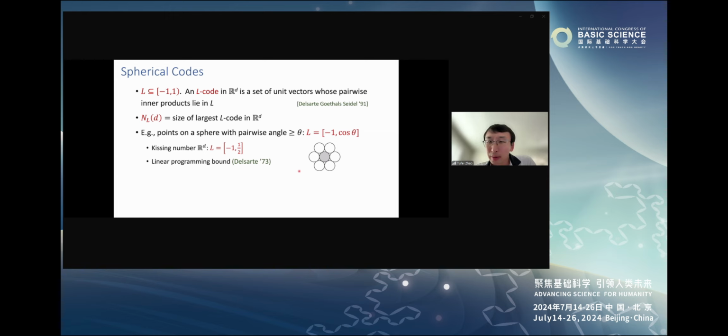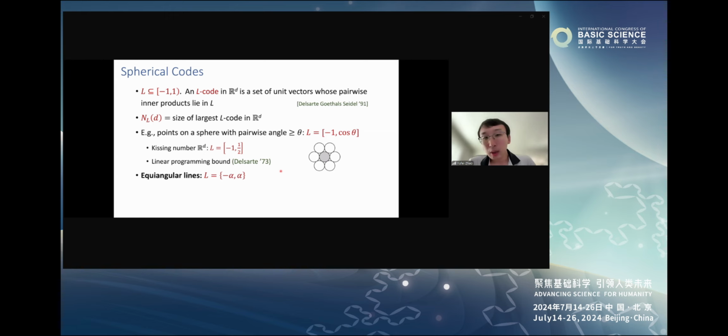And the classical method that has been very effective in high dimensions for this class of problems is the linear programming bound pioneered by Delsarte in the 70s. And a lot of the breakthroughs, in fact, all the breakthroughs in high dimensions have come from the linear programming bound. But for low dimensions, other ideas, notably semidefinite programming bounds, have also been very influential in getting good bounds.